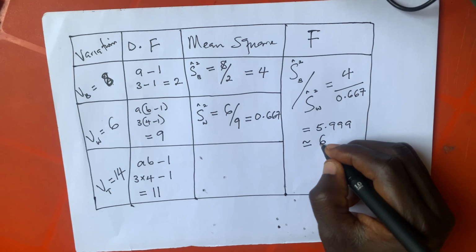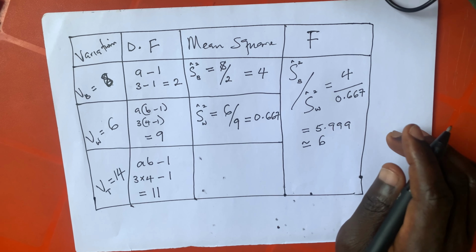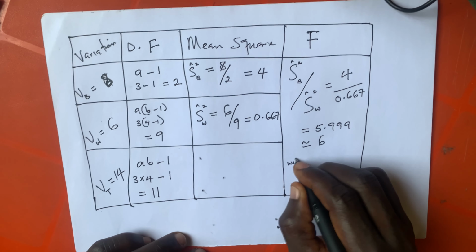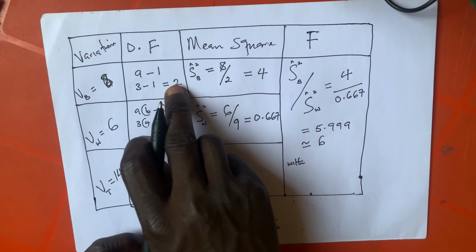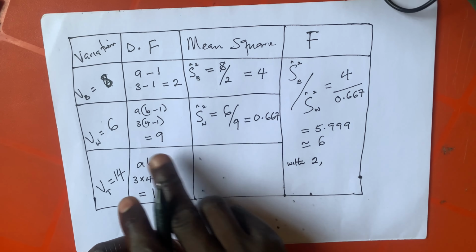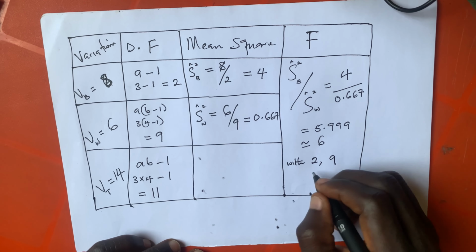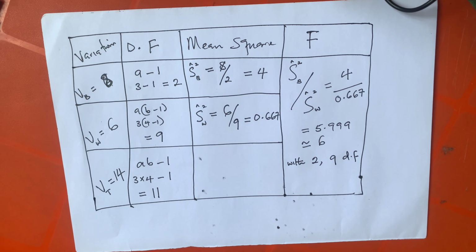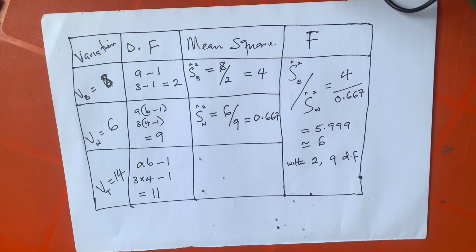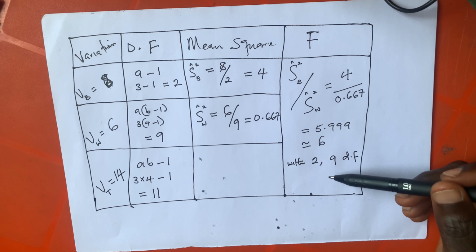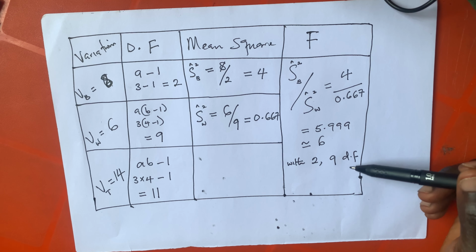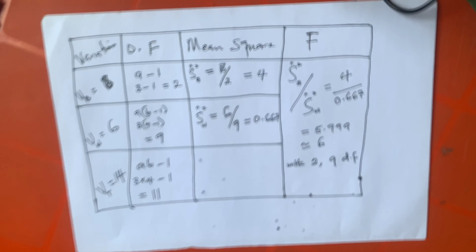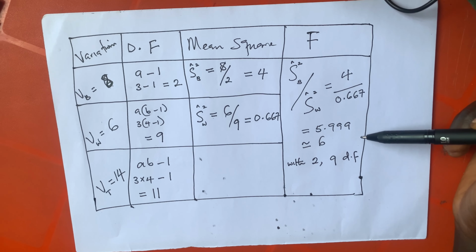This is a 6. So it means our F calculated is 6 with degree of freedom 2, comma, degree of freedom 9. You can see with 2,9 degree of freedom. So it means if you want to check the table for F distribution, we're going to check on 2 under 9 degree of freedom in order for us to compare with our F calculated value.